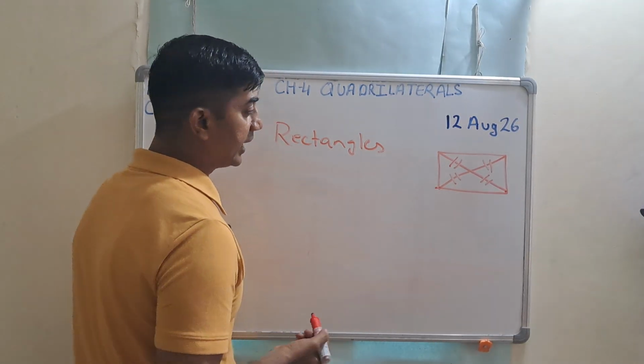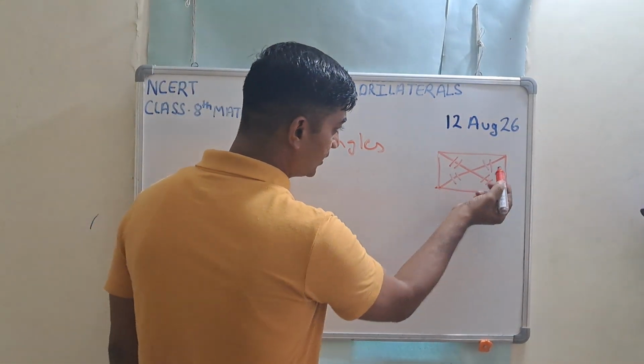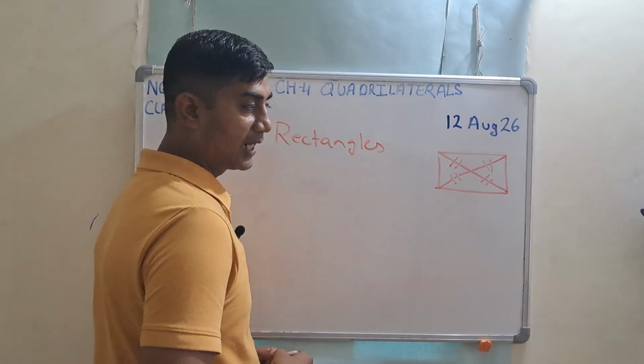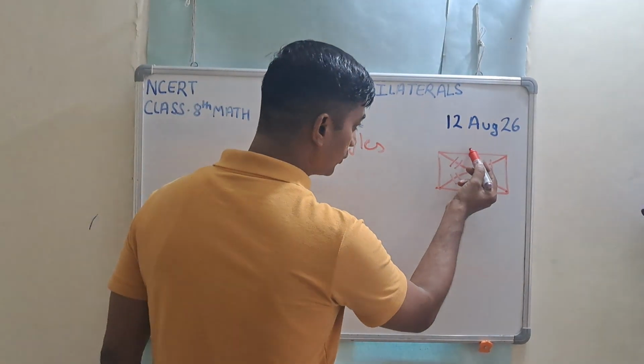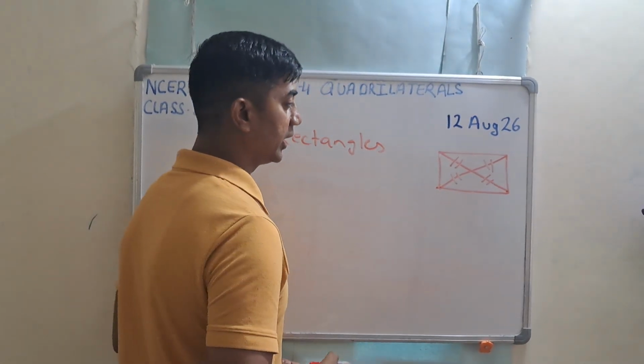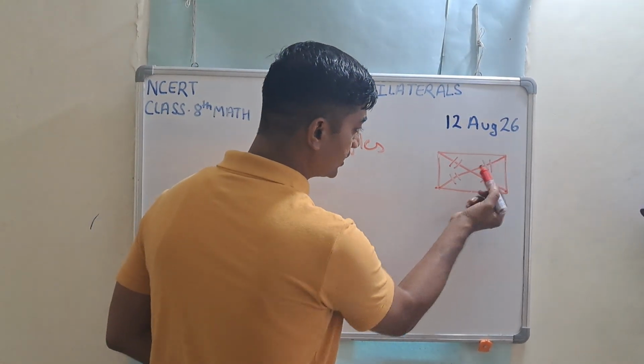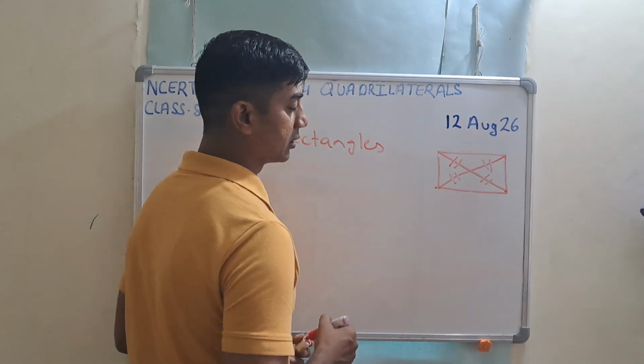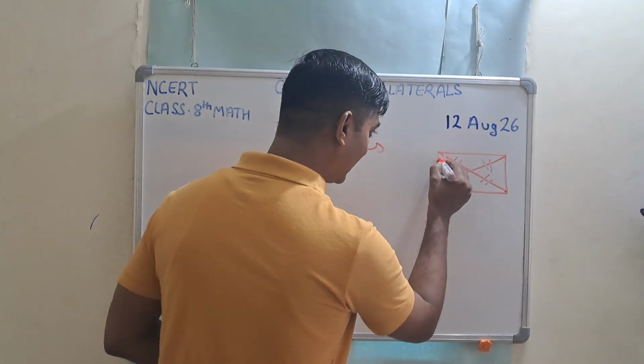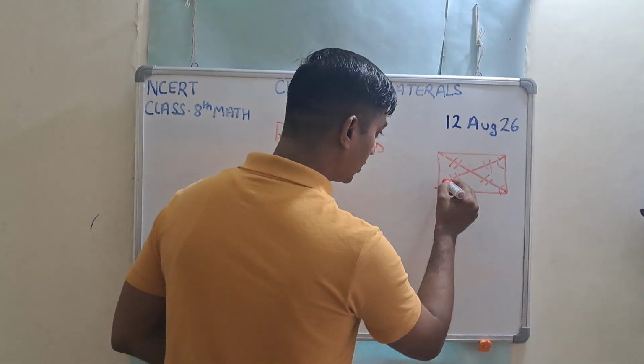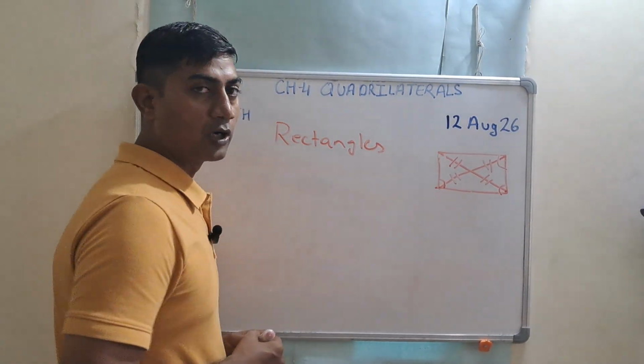We have seen that opposite sides of the rectangle are equal, that diagonals are equal and bisect each other, and that the internal angles are 90 degrees.